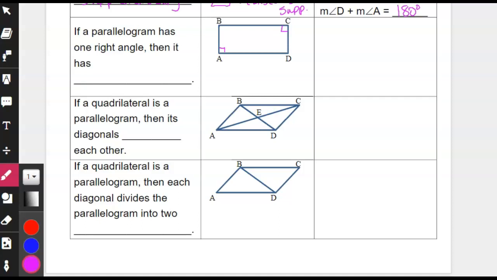Well, what kind of angle measurement would be supplementary with a right angle? 90 plus what equals 180? It would be 90 degrees, right? So angle A plus angle B must equal 180. That means angle B has to be a right angle as well. Same over here with angle D. So if a parallelogram has one right angle, then it has 4 right angles.